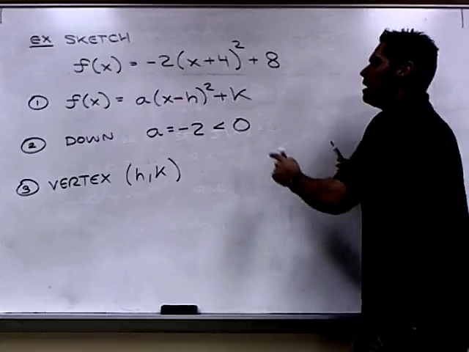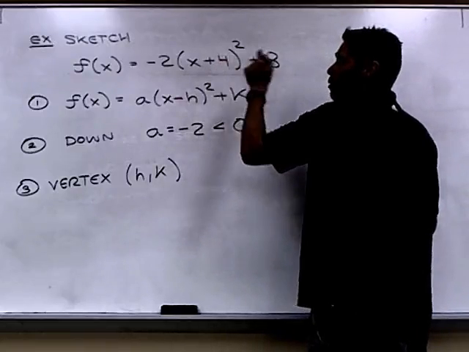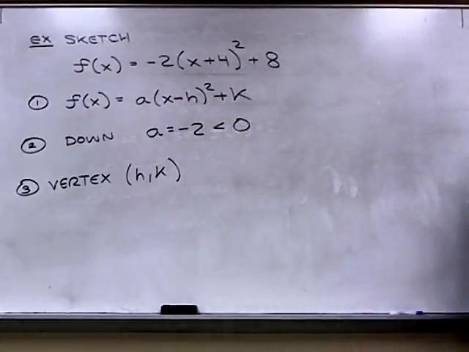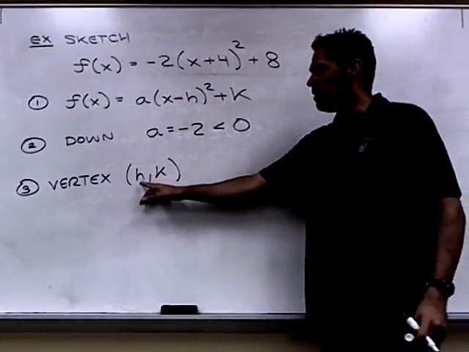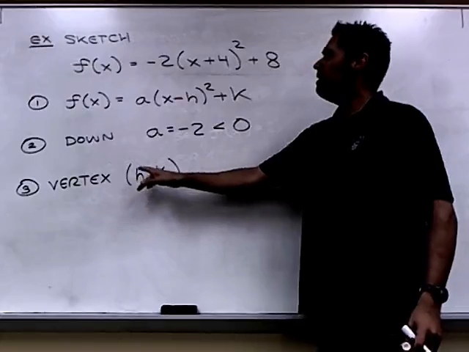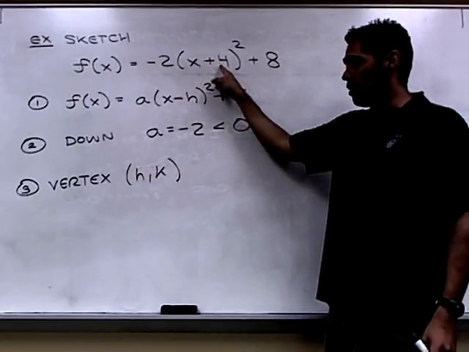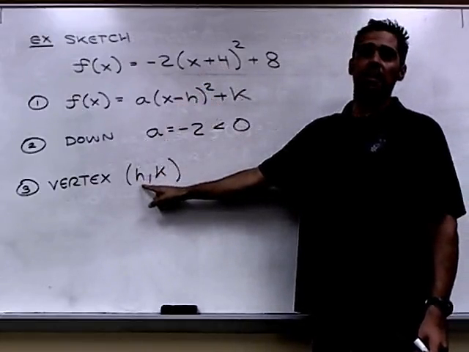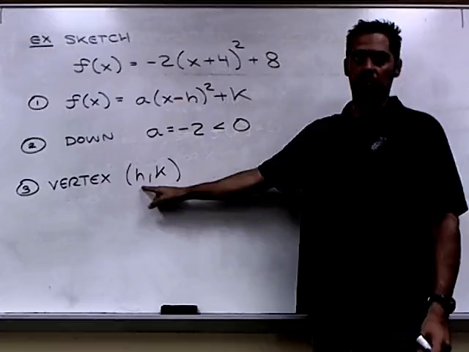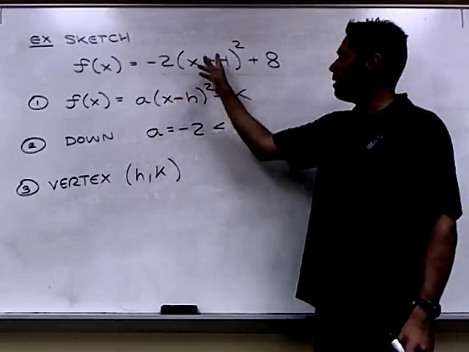And up here it says we have plus 4. Your h value will always be opposite of what you see. So if you see a positive 4, your h is going to be negative 4. It's always that way for h, opposite of what you see.